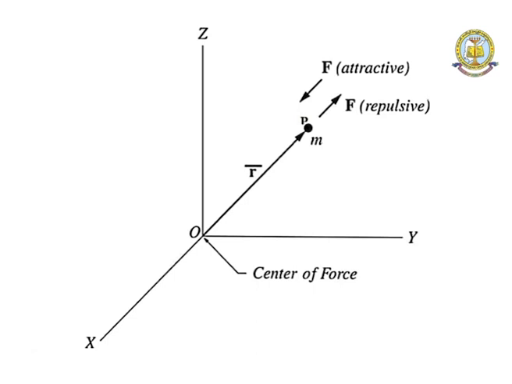So the force always acts on a particle or body towards or away from a fixed point, and OP is the distance r, and the magnitude depends only on the distance from the fixed point. So that is the central force.